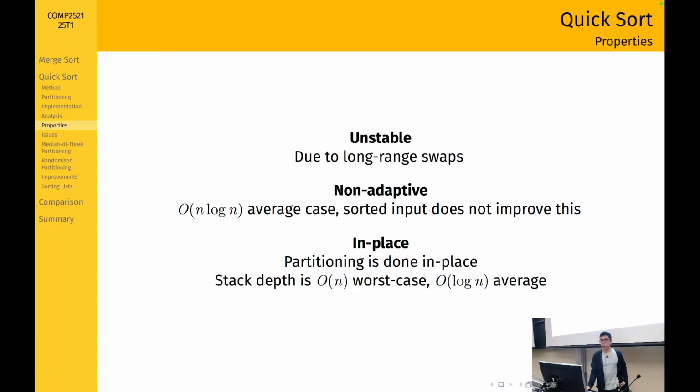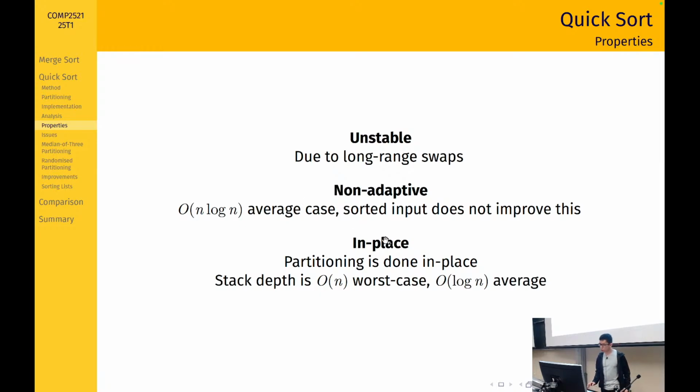In terms of adaptability, quicksort is non-adaptive. And why is that? That's because the average case of quicksort is n log n. If you have a randomly sorted array, then quicksort is going to be n log n.